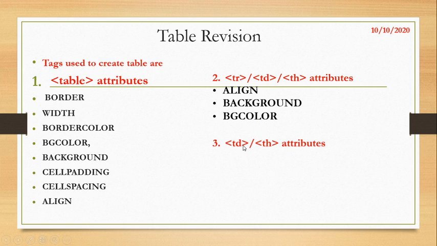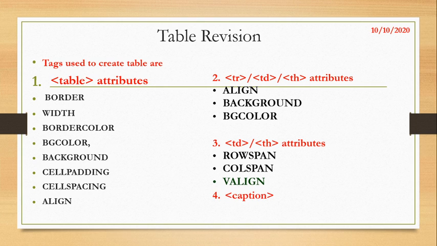The third one is td and th, same thing, but they have several attributes like Rowspan, Colspan, and v-align. The fourth one is caption, and caption is used to put a title to your table.